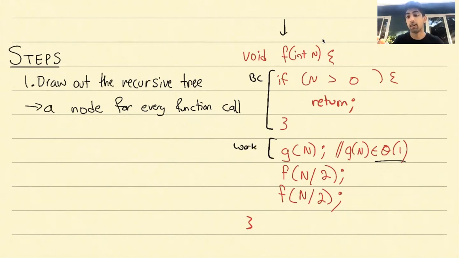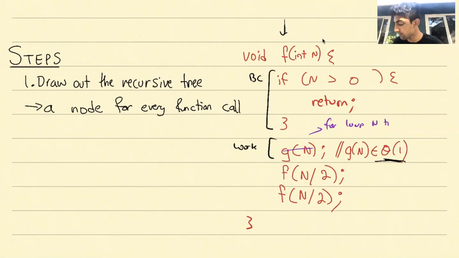This work, in this case, I've replaced with a function call to some function g. In this case, this function g runs in constant time. But the work that a function does may not necessarily be constant time. Instead of having this function g here, a possibility is what if I have a for loop that goes n times?